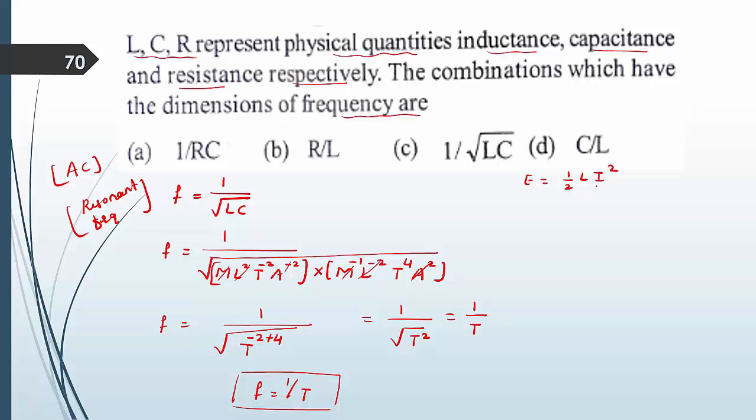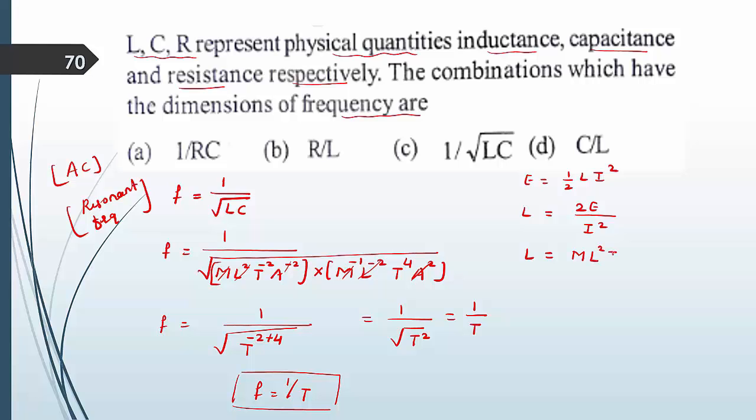Now you can just remember this equation to find the dimensions of inductance. Yes, this equation can be written as L equal to 2E divided by I square. 2 is a number, it is dimensionless, leave it. E indicates energy, and the energy dimension we already studied.